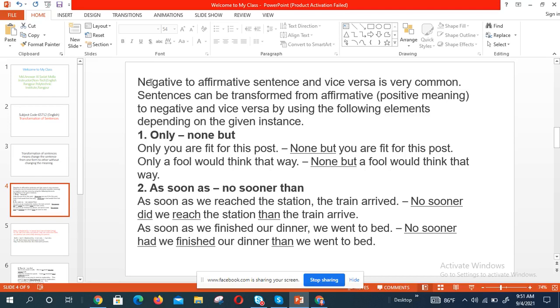Sentences can be transformed from affirmative or positive meaning to negative, and also from negative to affirmative. I have to follow some rules for transforming the sentence from affirmative to negative or negative to affirmative.